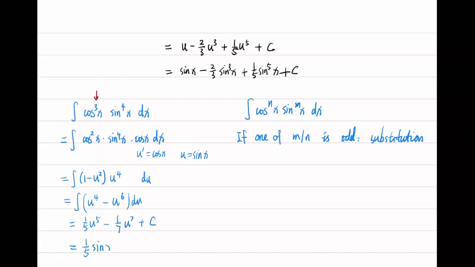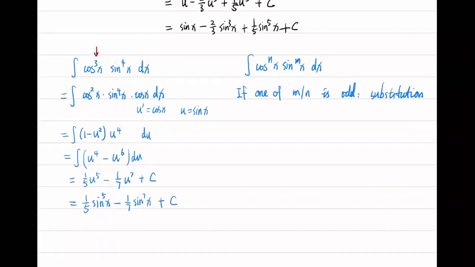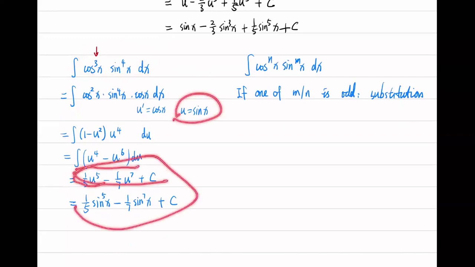Switch back to x. So you can see, to integrate this trig function with sine and cosine, one of the approaches is to use substitution to convert it to a polynomial. Then we integrate and we switch back to x.